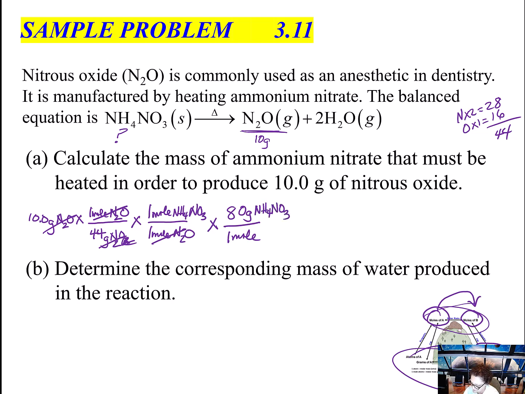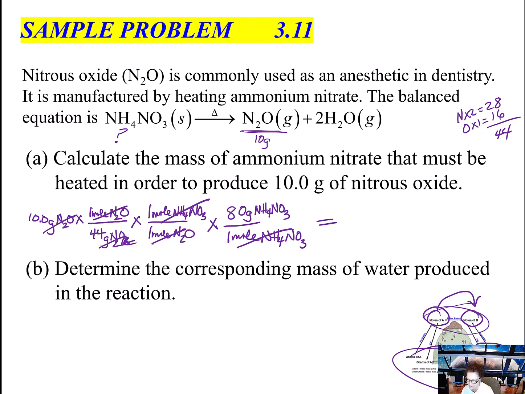I'm trying to write little so it'll all fit on this line. It makes me even messier than normal. And then 1 mole of ammonium nitrate. I'm now at grams of ammonium nitrate.